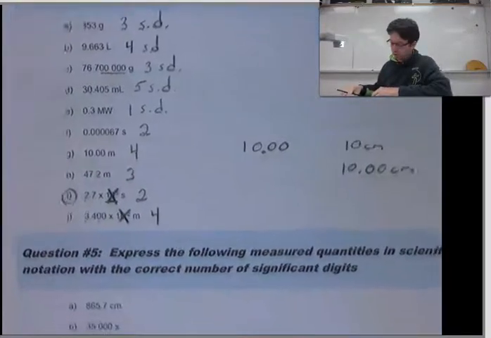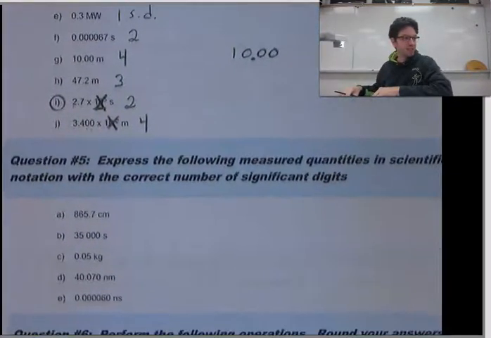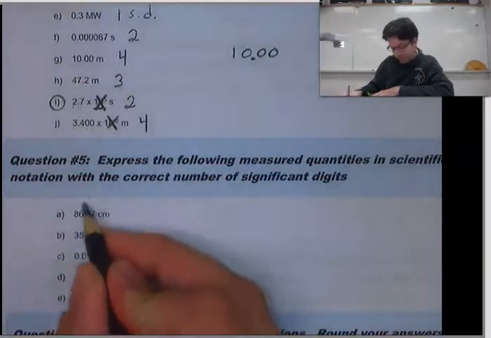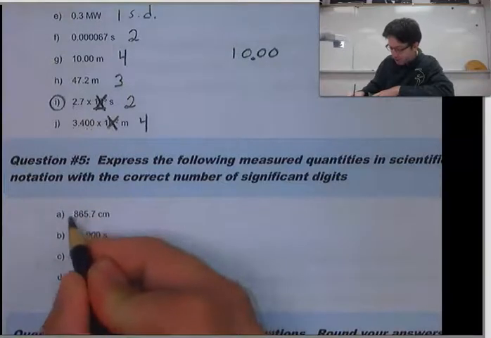Alright, so question 5 says express the following measured quantities in scientific notation with the correct number of significant digits. Now the great thing about scientific notation is every digit is significant in scientific notation. So in this case, we have 4 significant digits.